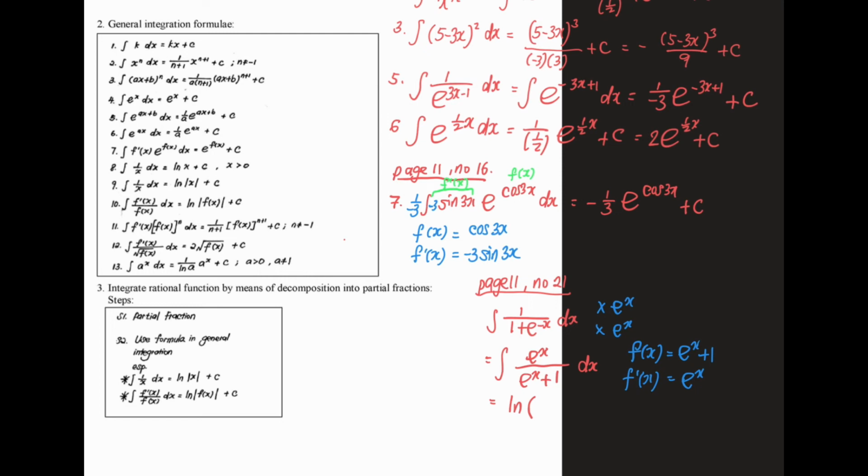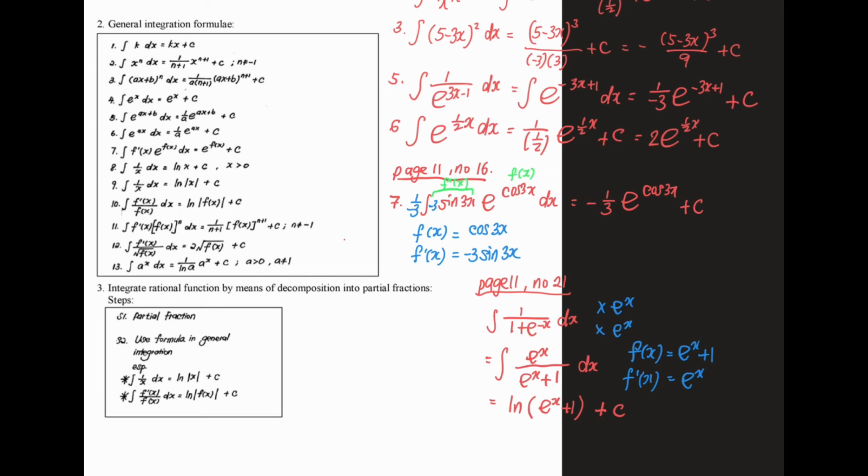For your information, we can avoid modulus if you are confirmed that the denominator is always positive. I know that e^x plus 1 is always positive, so I can avoid the modulus. If you have any expression that can be positive or negative, then you must put modulus. Okay, so plus c. That is how we use formula number 10.